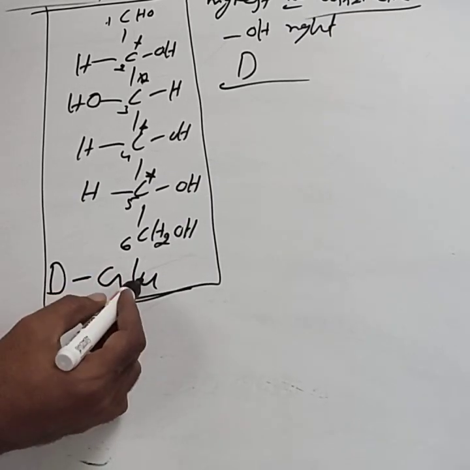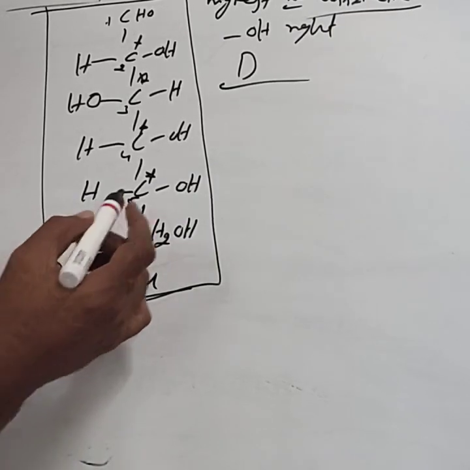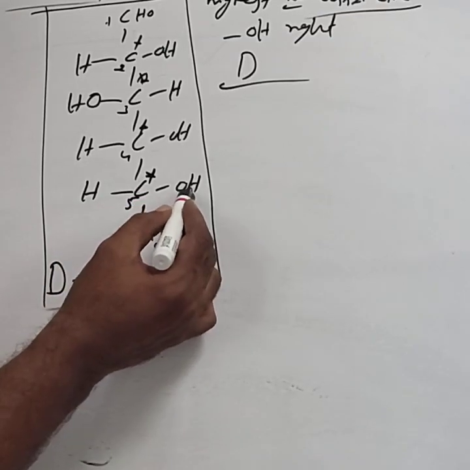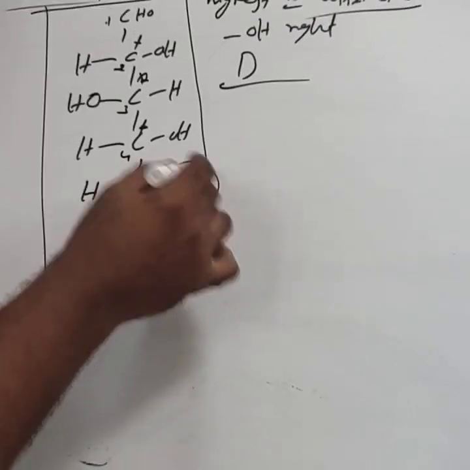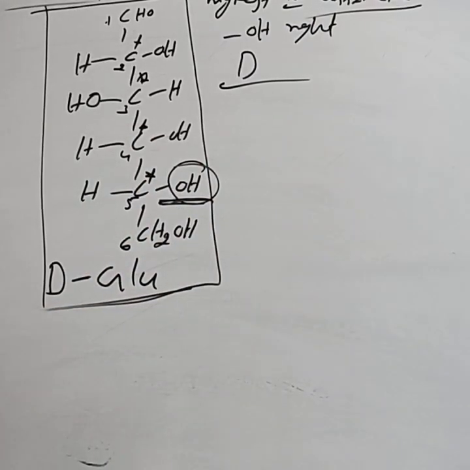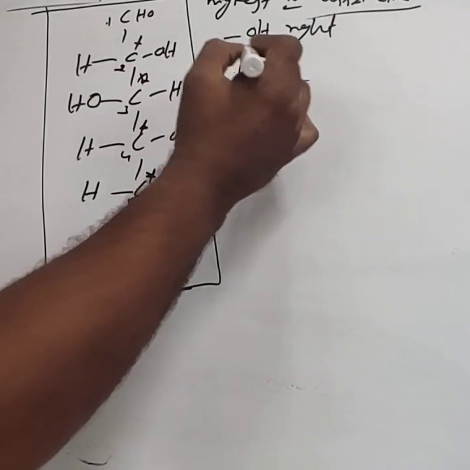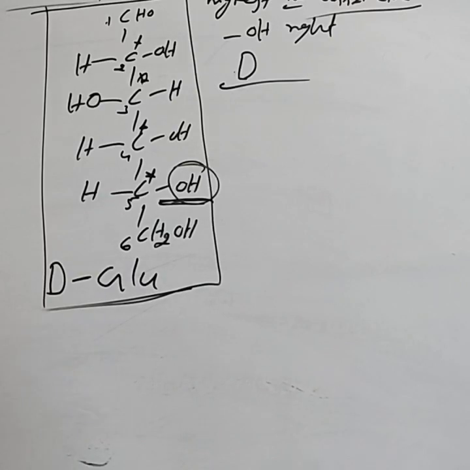This D indicates that on the highest asymmetric carbon atom, OH is on the right side. Generally, all the naturally occurring carbohydrates have D notation. This is about the DL configuration.